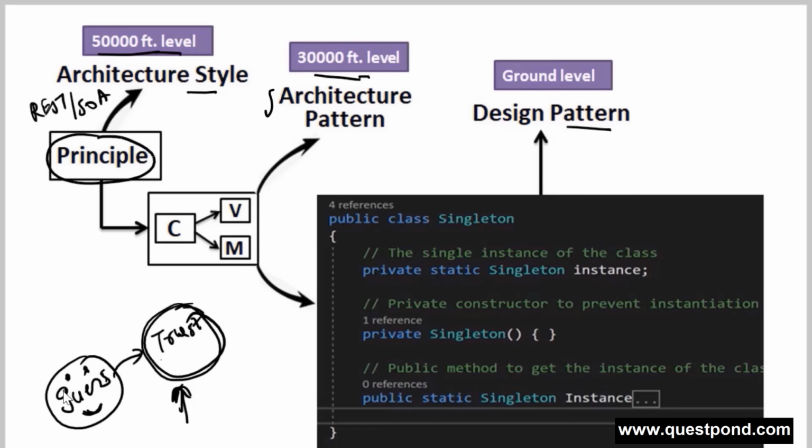While in case of an architecture pattern, it goes to a structure level. At least you will see a block diagram. MVC is an architecture pattern. MVVM is an architecture pattern. MVP is an architecture pattern. A layered architecture, when you say 3-layer architecture, that is again an architecture pattern. So in case of an architecture pattern, we know there is going to be a controller, a view, and a model.